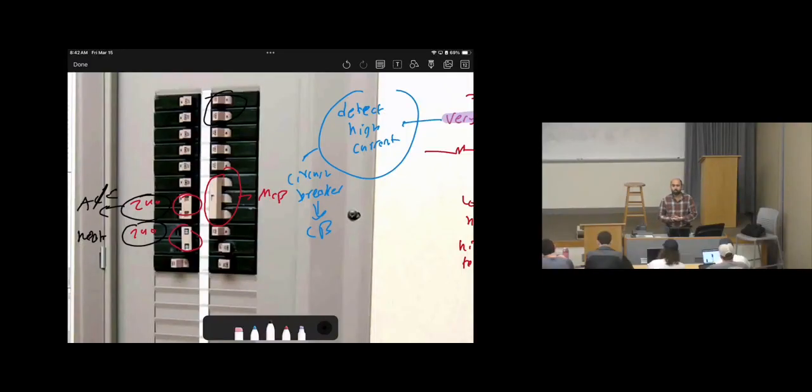Most likely the lights will not consume a large amount of energy. So the lights circuit breaker will be detecting a smaller current. It can be, as an example, 10 amperes. While for the wall plugs, maybe you can connect some devices that consume a larger amount of energy. This will detect higher currents. It can be, as an example, 15 amperes.